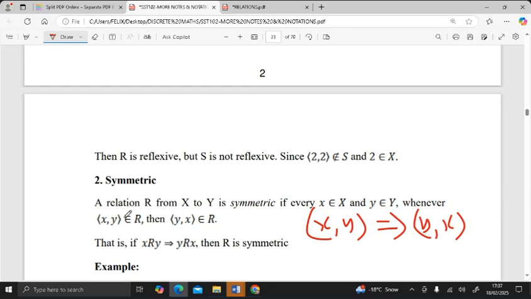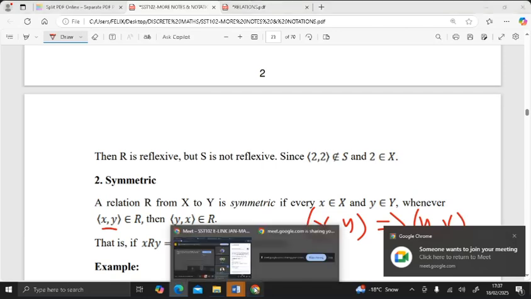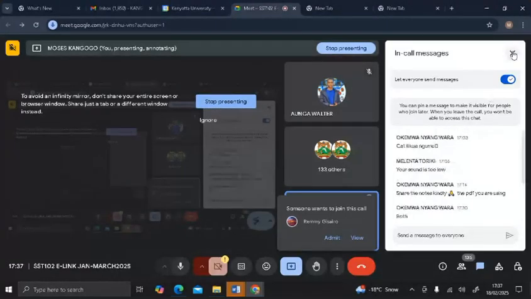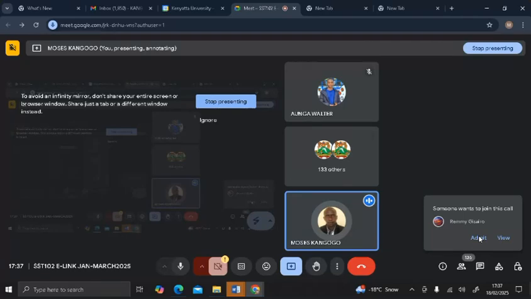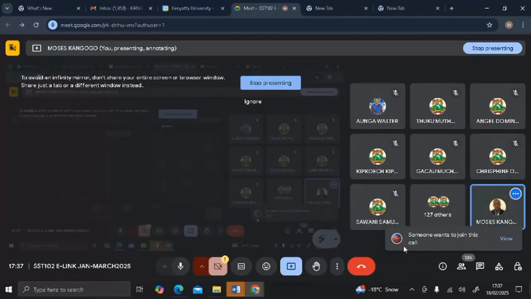Even in the case of composition of relations, they are not commutative, and even without composition, not all relations have that commutativity property. In fact, this symmetry is to some great extent so close to that.